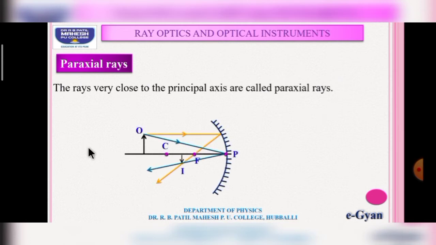Here in the diagram these rays represent paraxial rays. These rays are very close to the principal axis and they make a small angle with it. Hence, these rays are called paraxial rays.